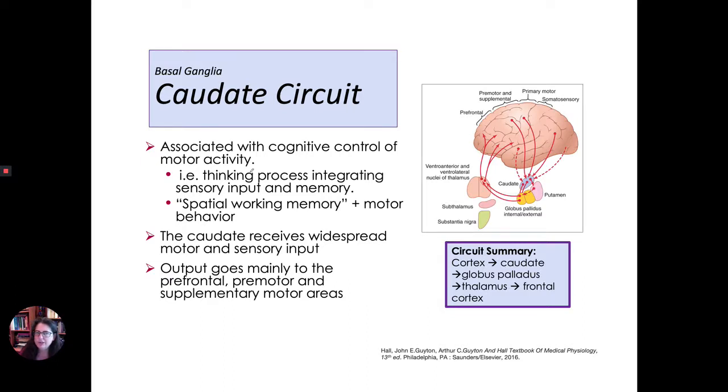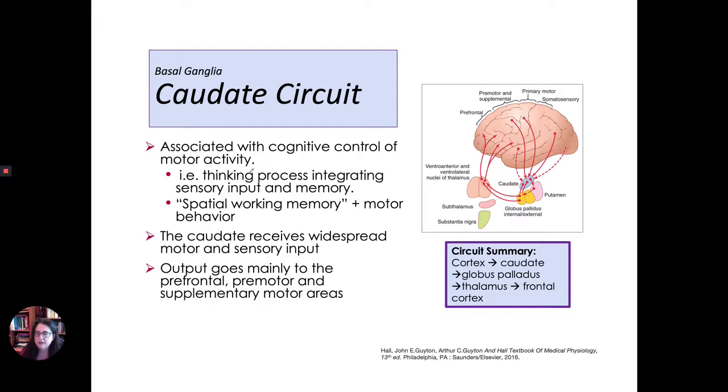You can't really develop a coordinated motor plan without having this memory and sensory input mashed together and processed to have a framework for making a decision about motor movement. So the caudate nucleus is helpful in coordinating some of those activities.